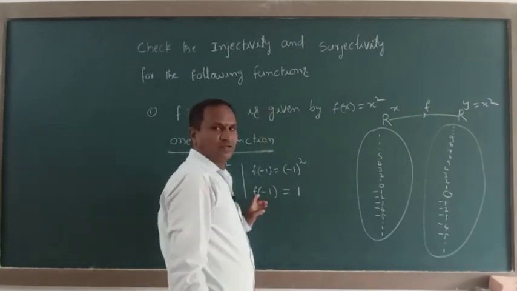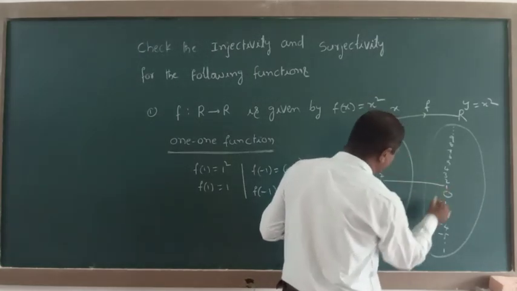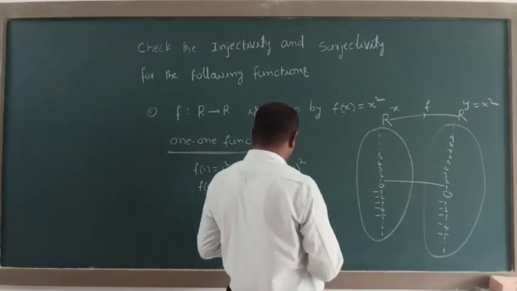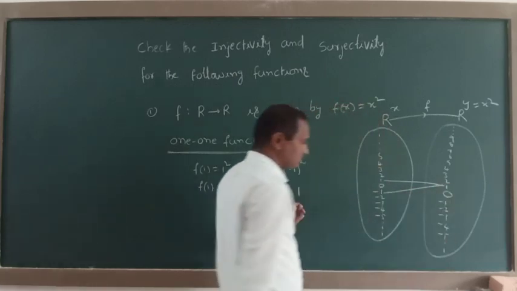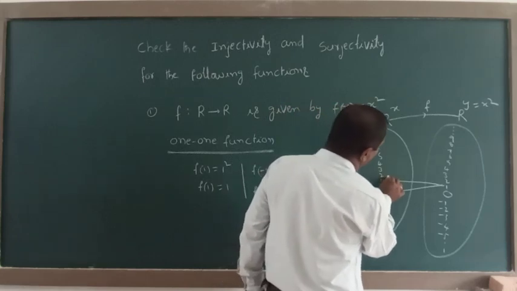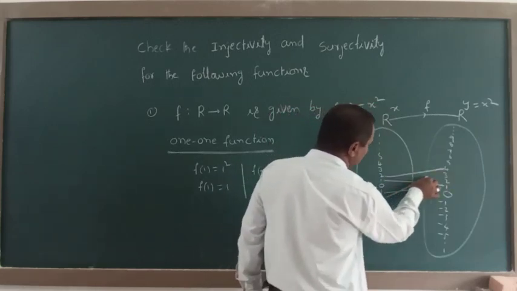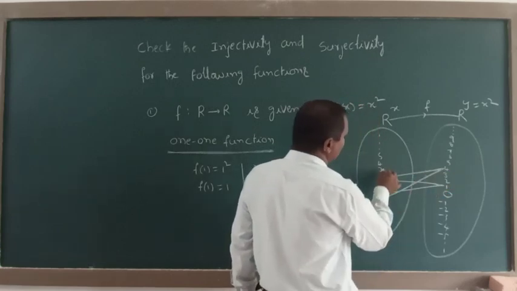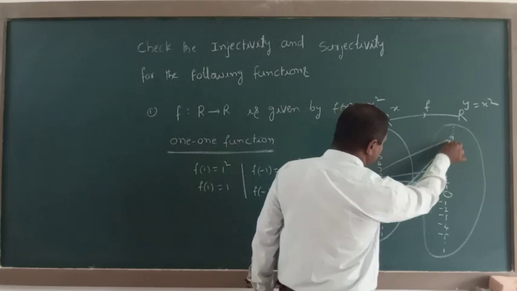If y is equal to 1, then f of 1 is equal to 1 square, which is 1. For minus 1 also we are getting plus 1. For 2, f of 2 is equal to 2 square, which is 4. F of minus 2 is minus 2 whole square, which is 4. For 3, 9, and f of minus 3 is also 9.